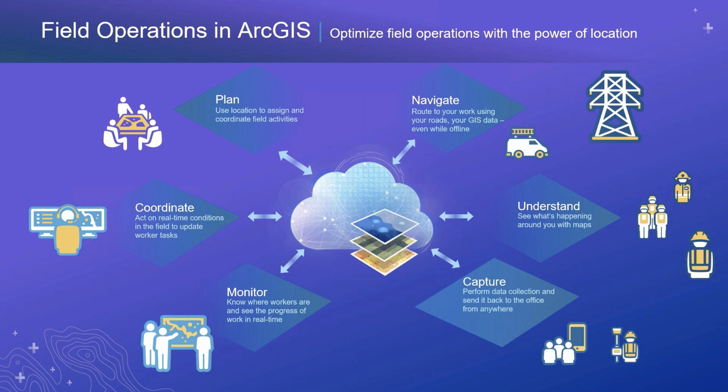But again, we do want to think about this workflow that I think you've seen illustrated: how do we plan it, how do we capture the information, how do we monitor, and how do we coordinate, and how do we do that in a way that we're capturing the information in the field as effectively and efficiently as we can, and then having that come back into our corporate systems.